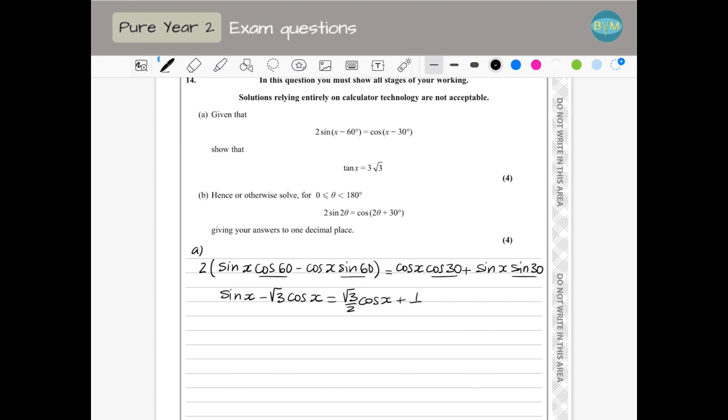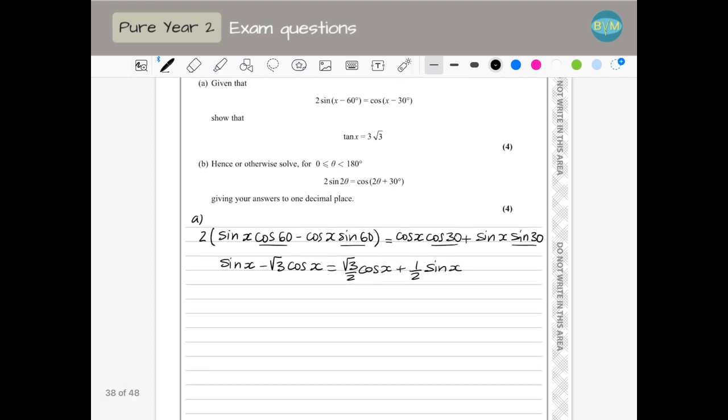So 1/2 sin x. We are going to put all the sines on one side and all the cos on the other. So I have 1 minus 1/2 is 1/2, so 1/2 sin x here. And on the other side, I have root 3 divided by 2 plus root 3 is 3 root 3 divided by 2 cos x.